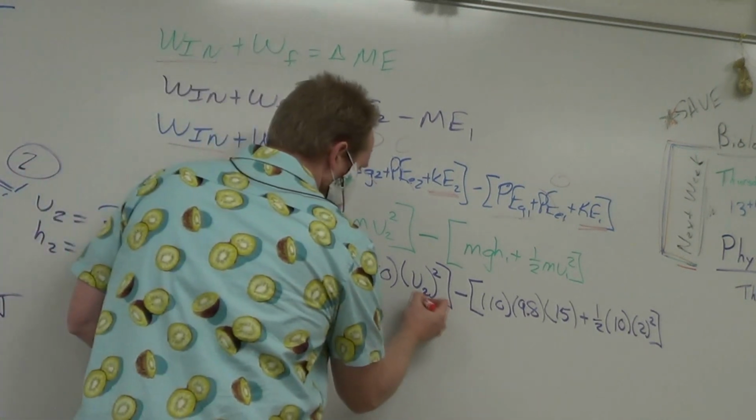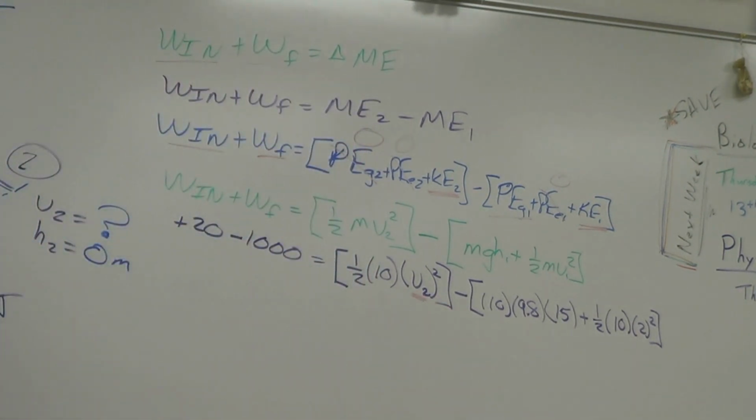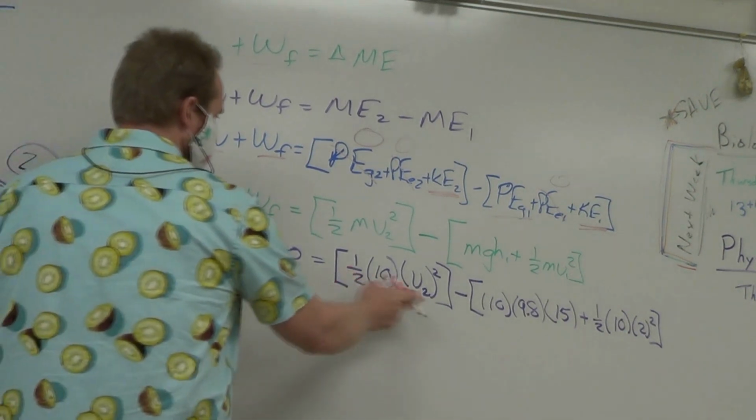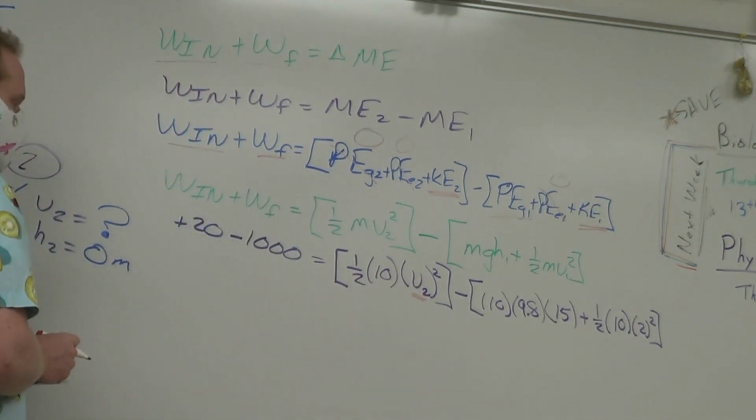There's a V2 here. That's what we're solving for, but that is the only unknown variable. That's the only V2, so nothing else can go with it except for this multiplication of 5 V2 squared.